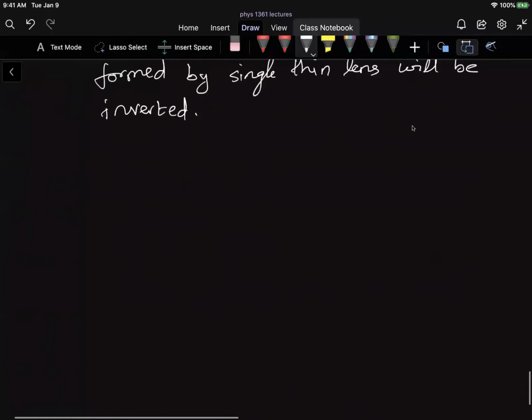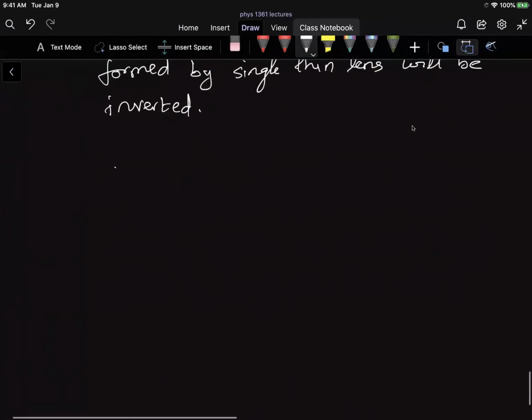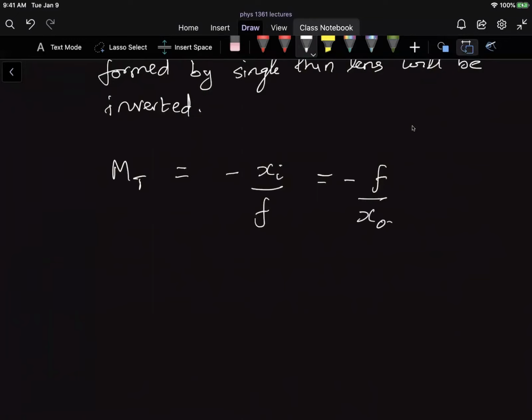Okay. One more, by using that formula for Xo and Xi that I just derived, leave it as a pretty straightforward exercise, it's possible to show that this is also the same as these ratios over here. Okay.